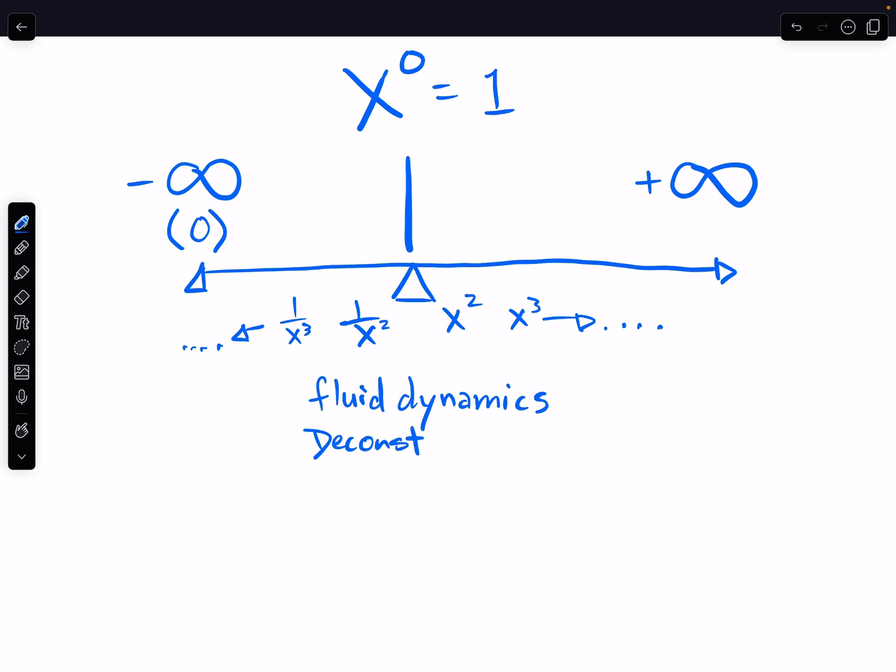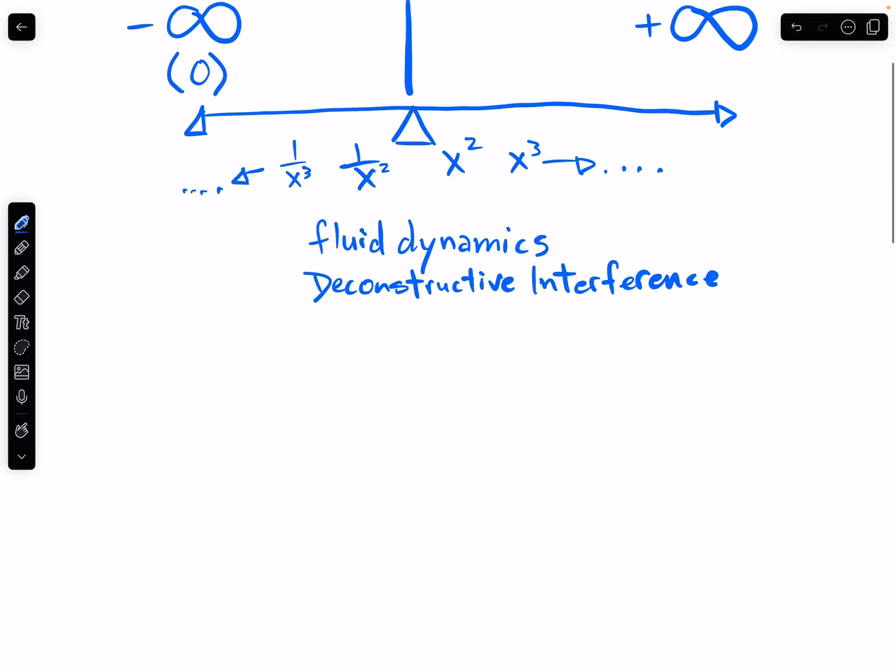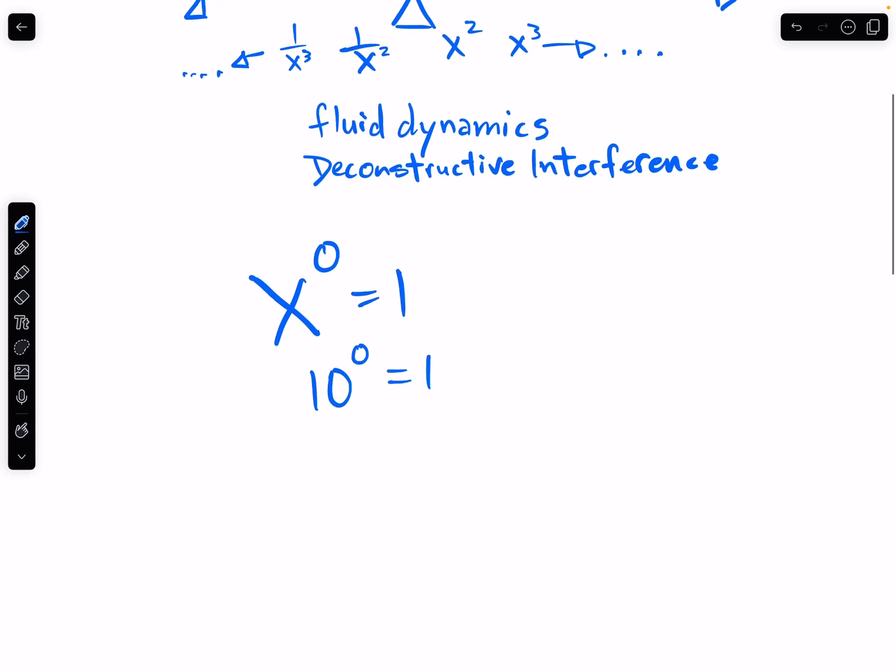Super interesting. So when we have any number x raised to the 0 power, it equals 1, like 10 raised to 0 equals 1. And what is that doing?